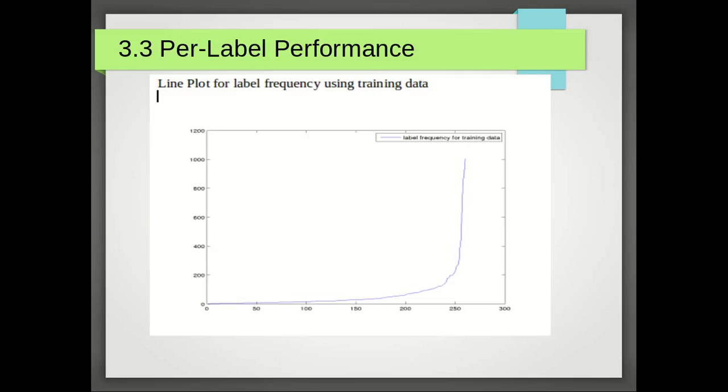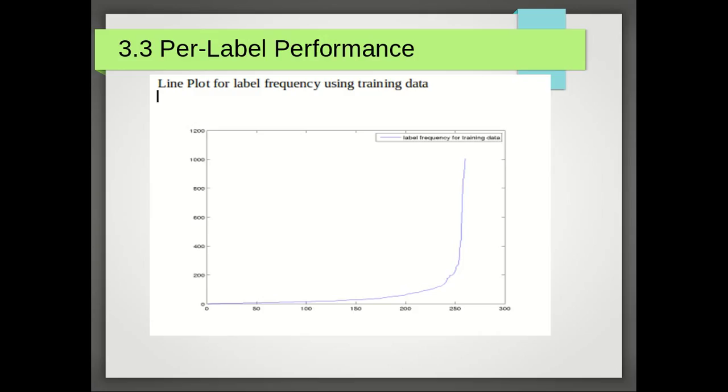Next, we were supposed to analyze the per label performance for the individual labels. First we plotted a line plot for label frequency using training data.